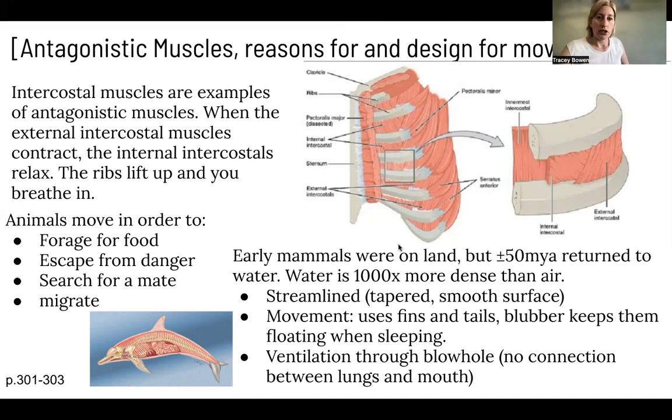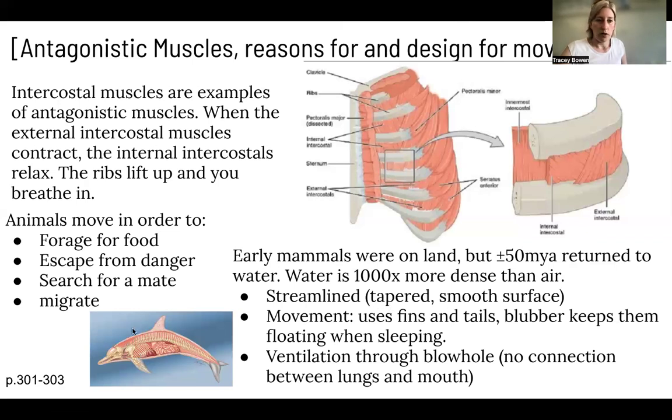And animals used to be on land, early mammals, but about 50 million years ago returned to the water. Water is about 1,000 times more dense than air, which means that in order for organisms to find food, escape from danger, search for a mate, and migrate, which are all of the reasons why organisms move, animals in water needed to be more streamlined.